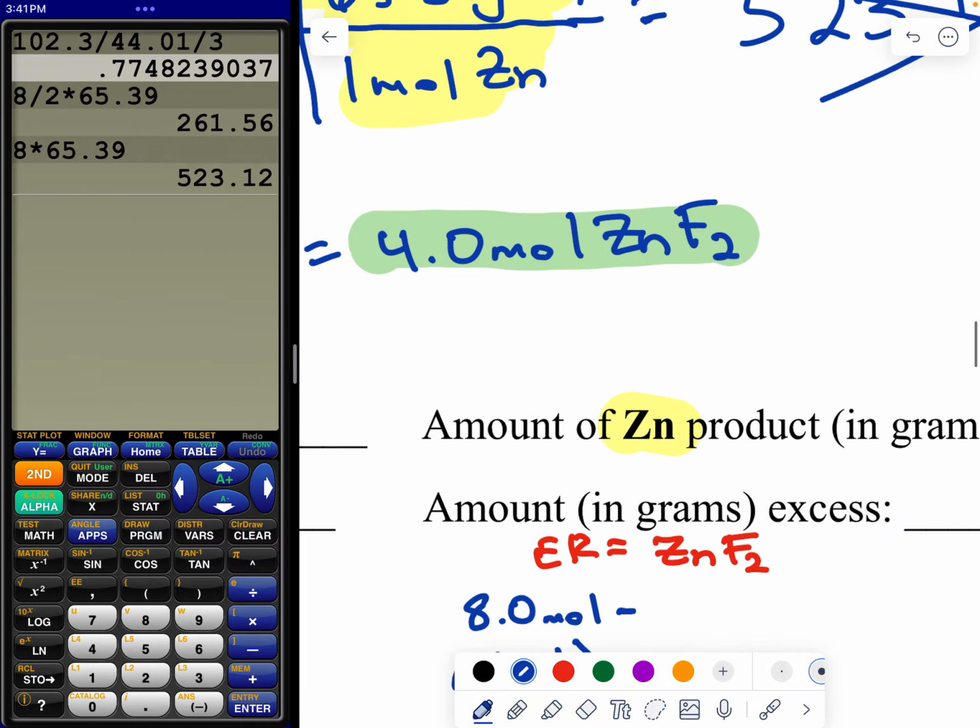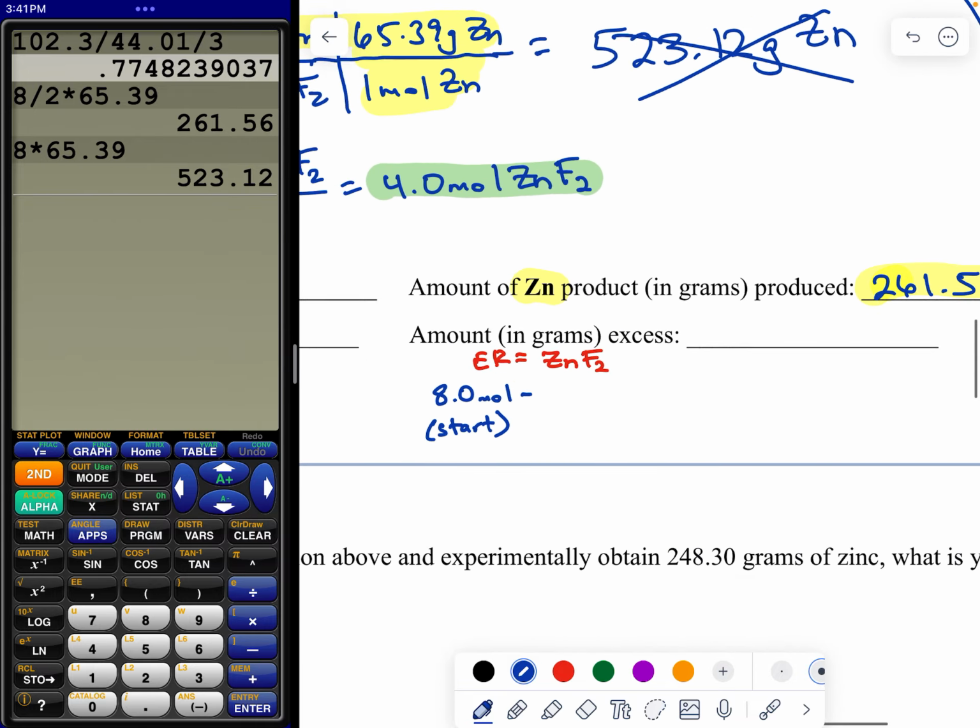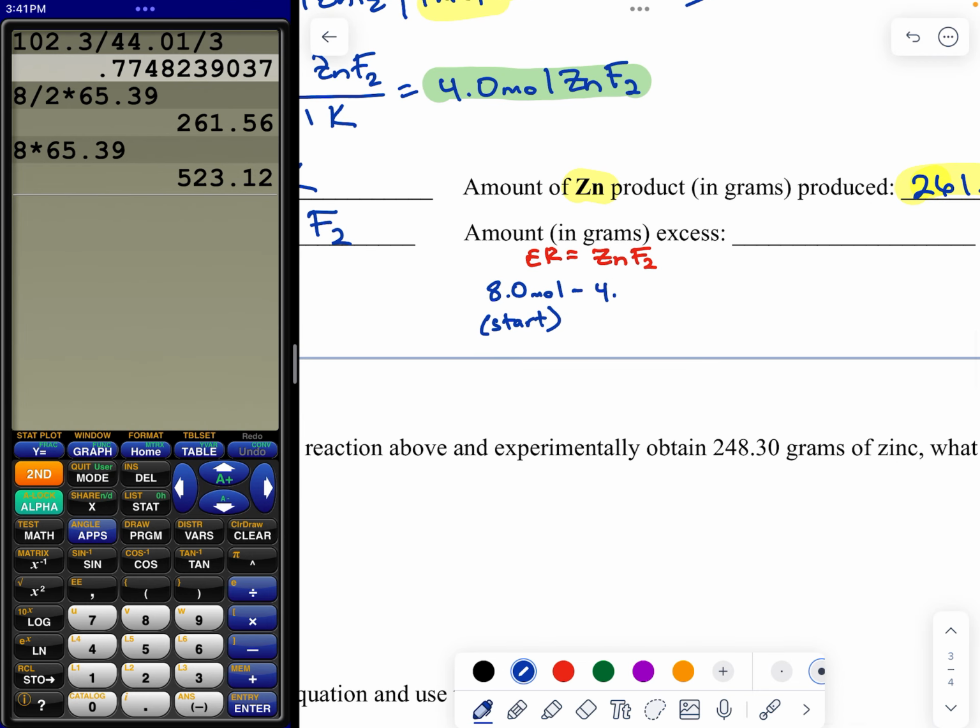We found out just now that with our limiting reactant, we only use 4 moles. So used, we end up seeing that there are 4 moles of zinc fluoride, and this is left over.